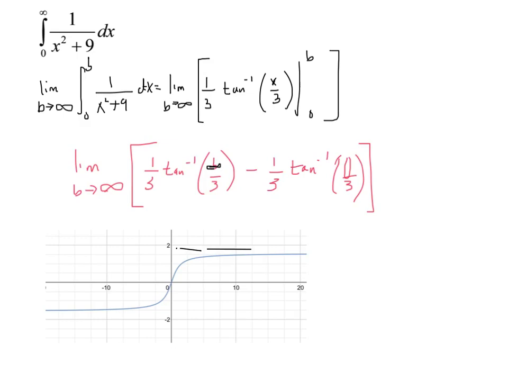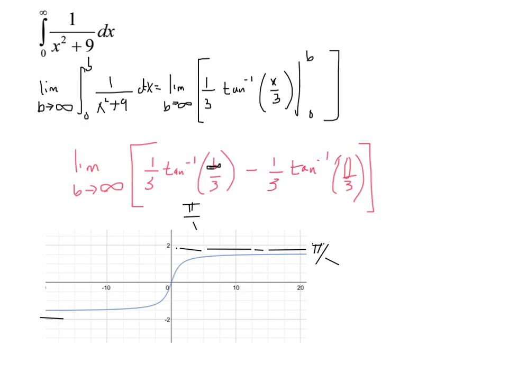So I'm just going to put a little note in here. Its horizontal asymptote is pi over 2, and of course negative pi over 2 on the other side, but we're going to positive infinity.